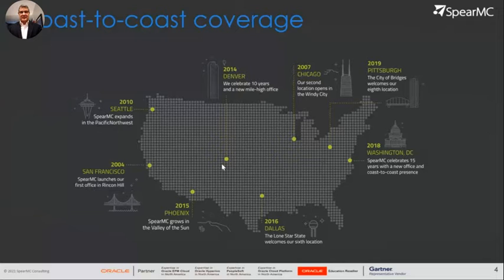SpearMC is a national organization. We will be going international here at some point in late 2021. We're going to open up an office in Canada, is our plan. And we've grown. We're in every continental time zone in the United States, across the country. We opened our first office in San Francisco on Spear Street, and hence our name SpearMC.